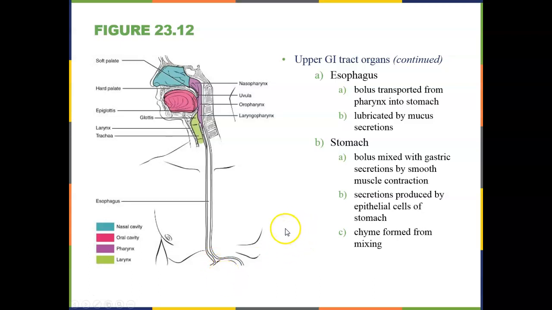And then the stomach itself is going to move materials via a mixing process where food just moves back and forth, and it mixes with gastric juice. And this is going to break the food down even further mechanically into a liquid form called chyme.